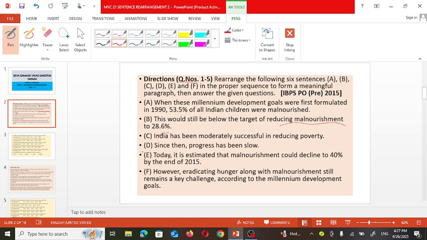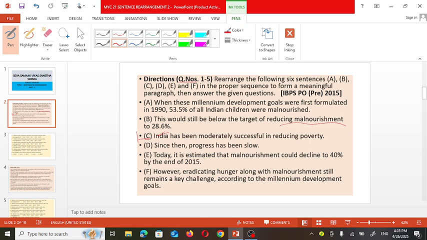Now, which can be the first sentence? Here, if you observe, sentence C will be the opening statement as it deals with poverty, around which this whole paragraph revolves. India has been moderately successful in reducing poverty.